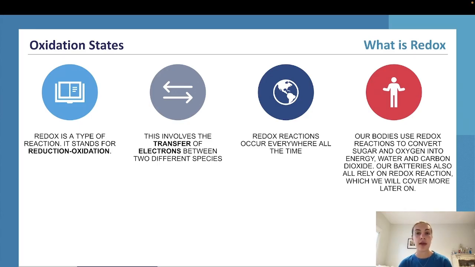Another example is that batteries rely on a redox reaction, and we'll go into that in more depth later on, particularly when we think about galvanic cells and electrolytic cells, which are a type of battery.